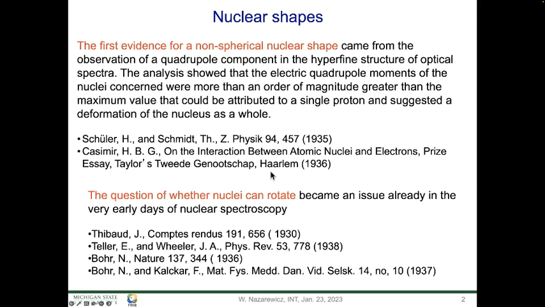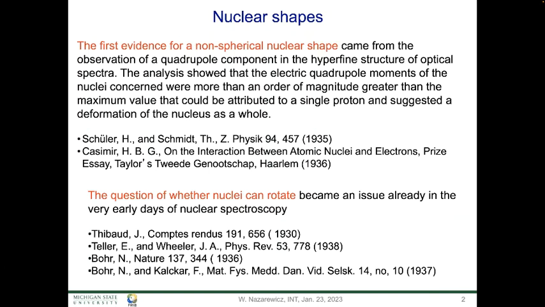And then soon, around the same time, there were suggestions that perhaps atomic nuclei, which are non-spherical, can have rotational bands. So if a nucleus is non-spherical, then it can rotate collectively.